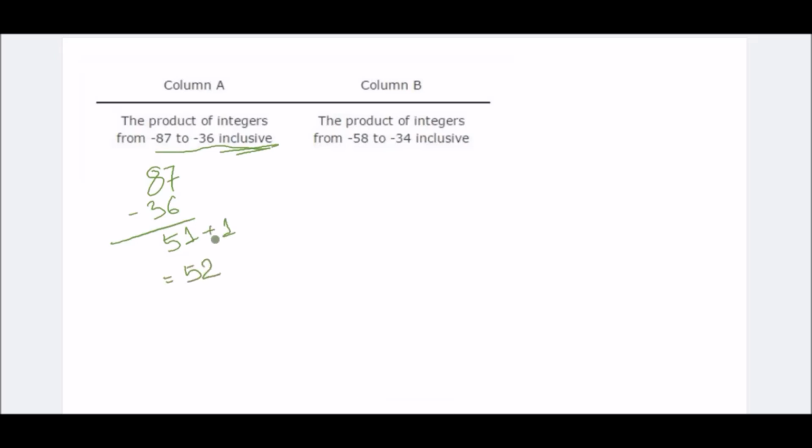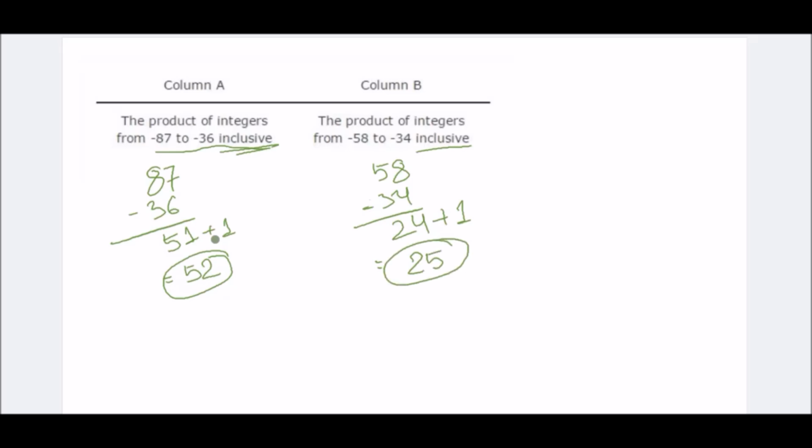So total integers are 52 here. Now the number of integers for 58 minus 34 is 24, but inclusive is given, so we add one more value, and it becomes 25.